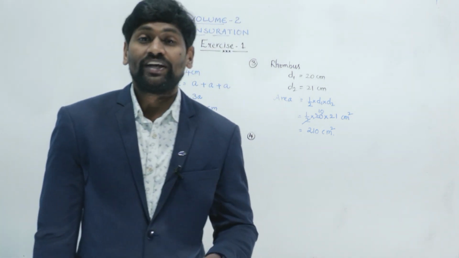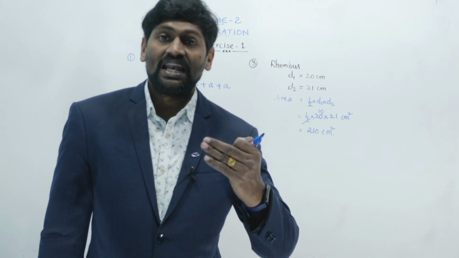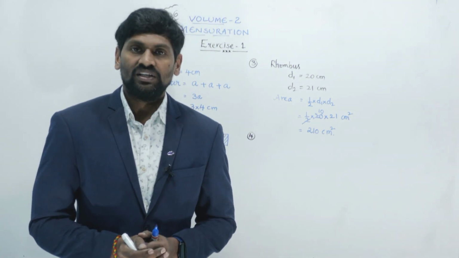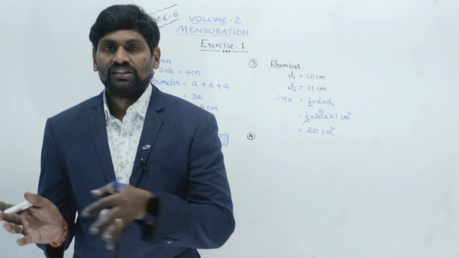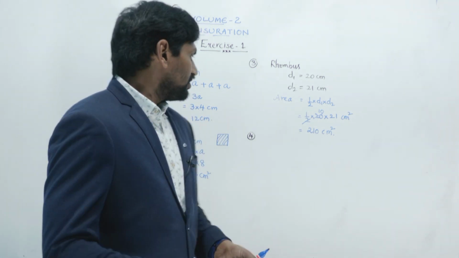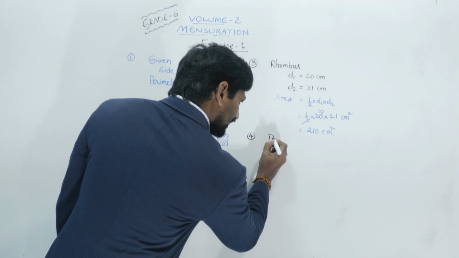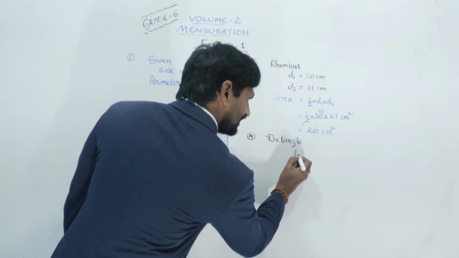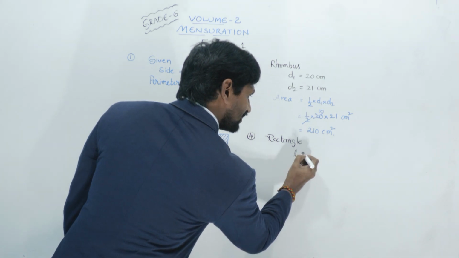the area of a rectangle whose length and width are given. In some cases we call it width, in some cases breadth; width is nothing but breadth.